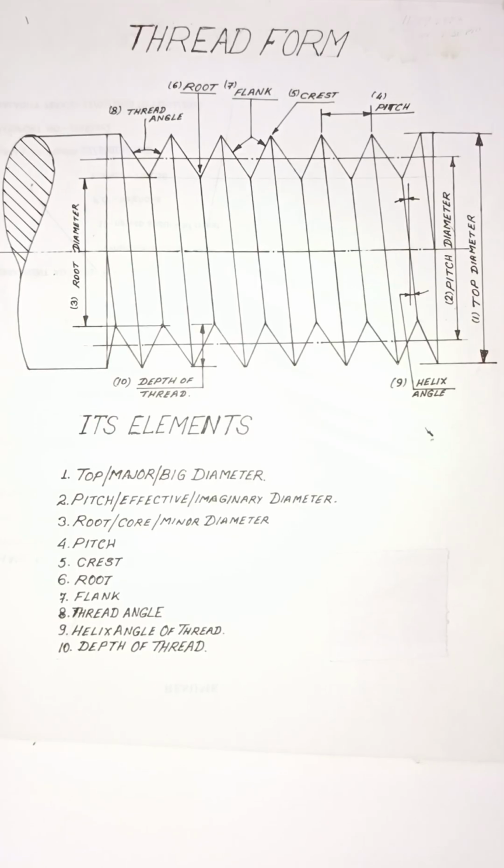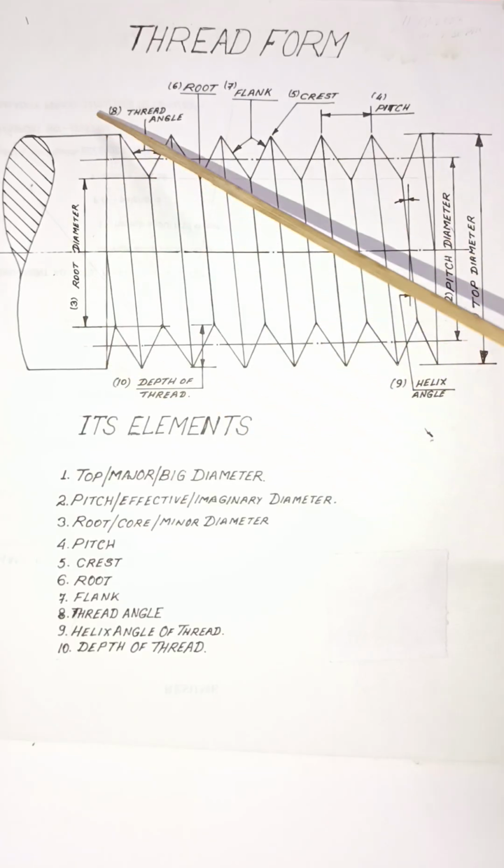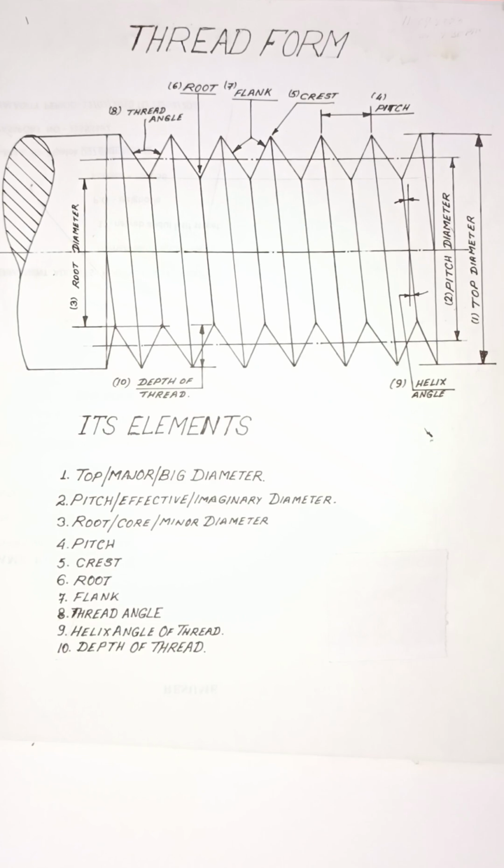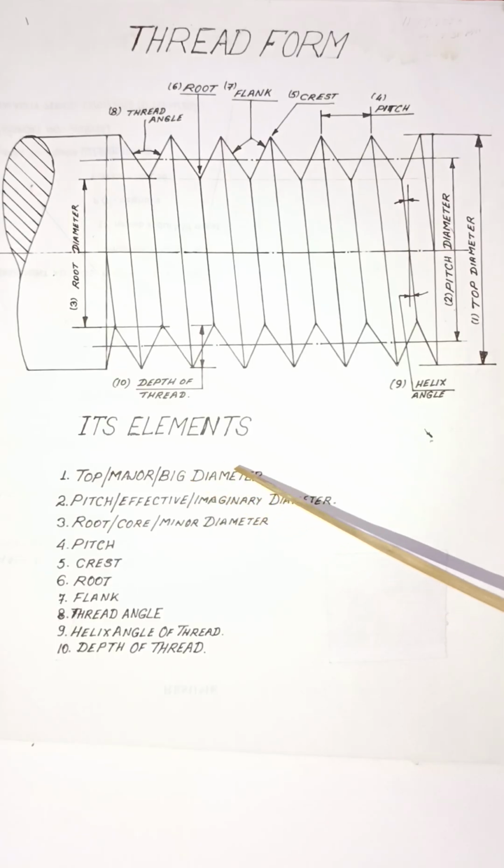So this outside diameter of the thread form means top diameter, major diameter. This is the top diameter, which means first we have to turn this diameter here. It is also called major diameter, or big diameter.